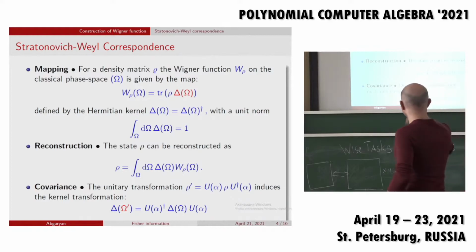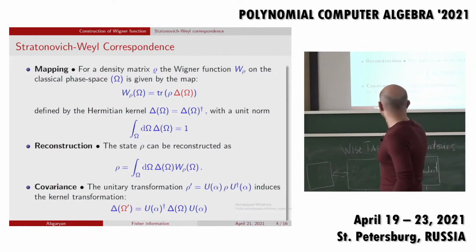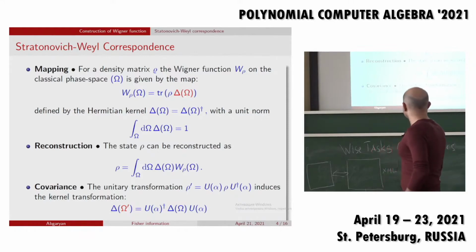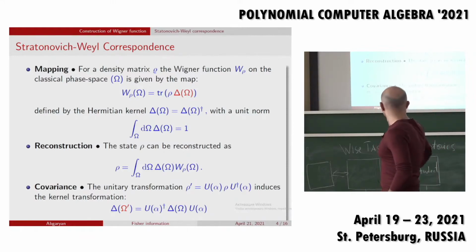First, the linearity of the mapping. Then the kernel by which the mapping is performed must be Hermitian. Then the integration over the whole phase space over this kernel must be unit.